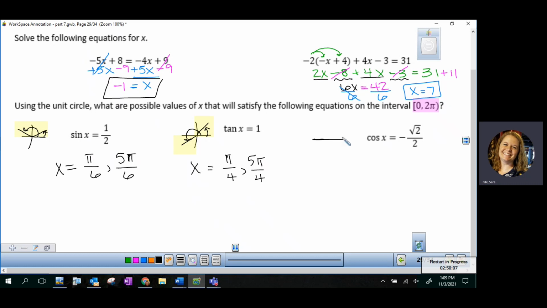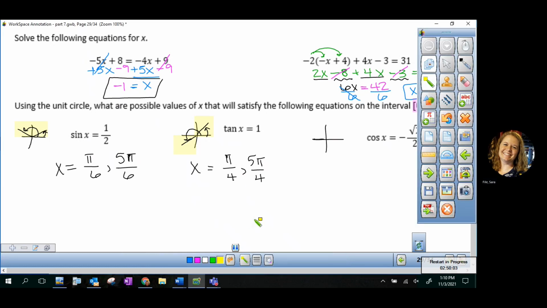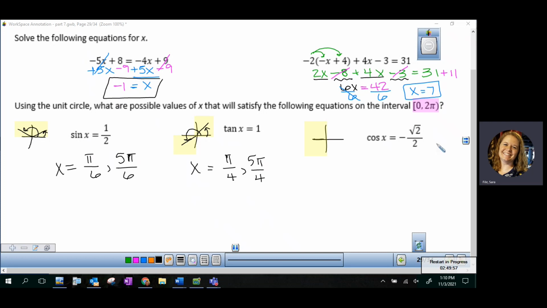All right, what about this last one? Where's cosine negative? It's negative over here. And at what reference angle is cosine square root of 2 over 2? Well, the reference angle is just 45, right? Or pi/4. So I'm looking at the pi/4 angle in both of these quadrants. So yes, it's at 135 if we were in degrees.